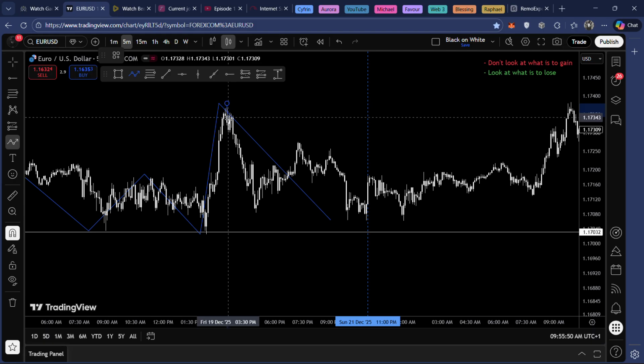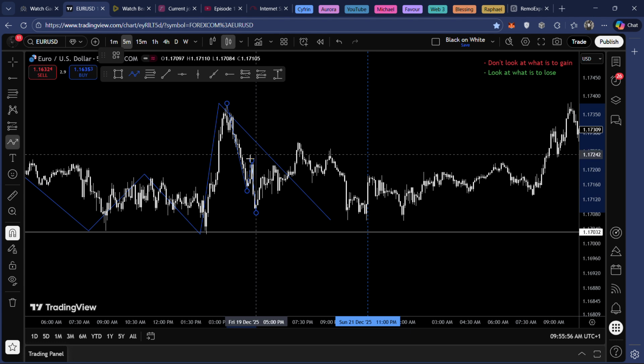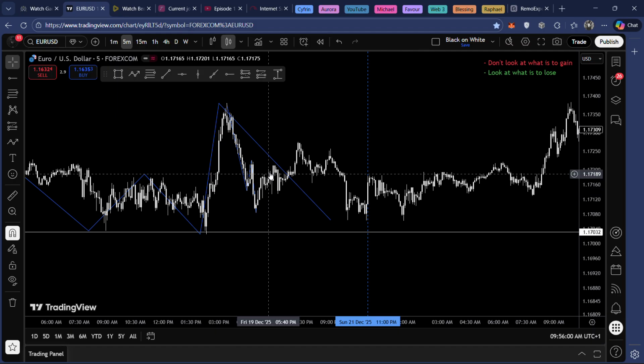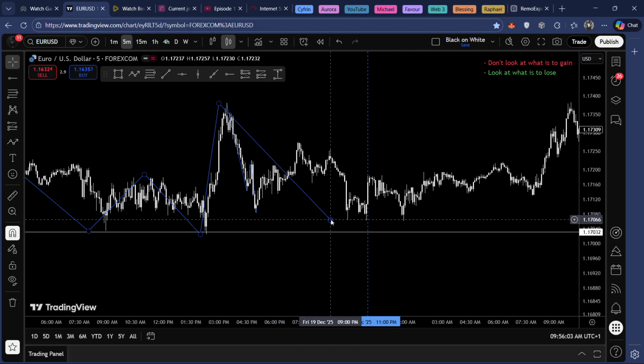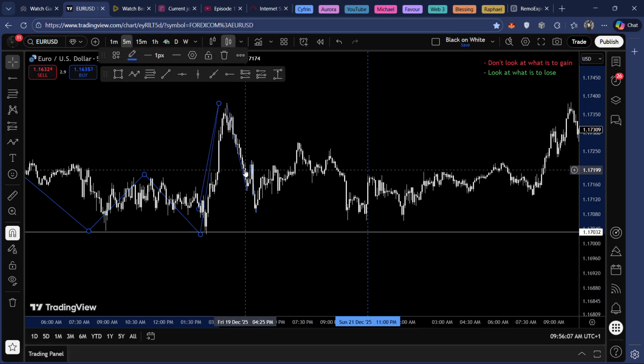Taking it from here, it came down to this place, gave us a high, gave us here. Then you see there's another block here. Sorry, let me remove this previous one. Let me remove it to the corner so it will not affect us.